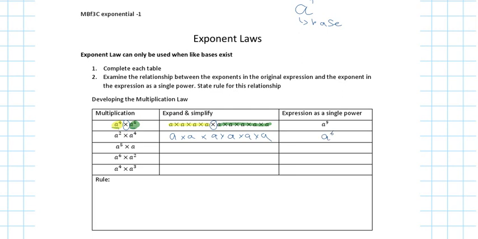How about the next one? So I have a times a times a times a times another one, and then multiplied by just a, right? If it doesn't have an exponent, it's an exponent 1. How many a's do I have here? 6.